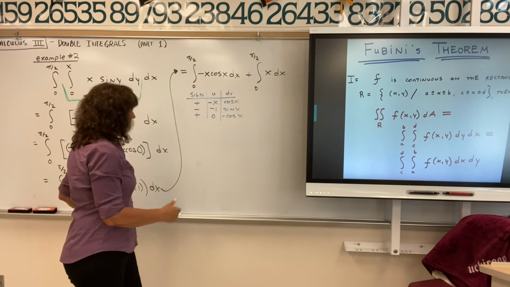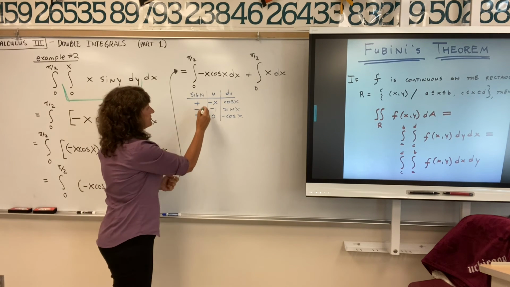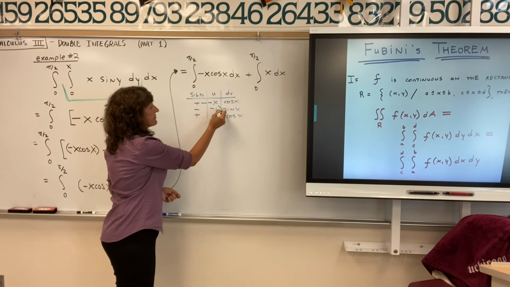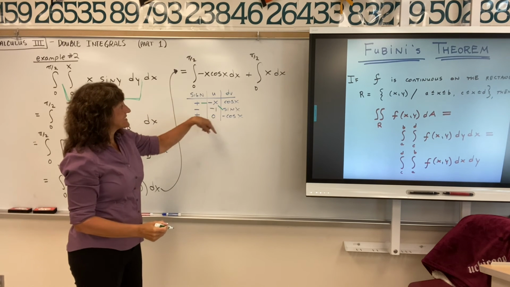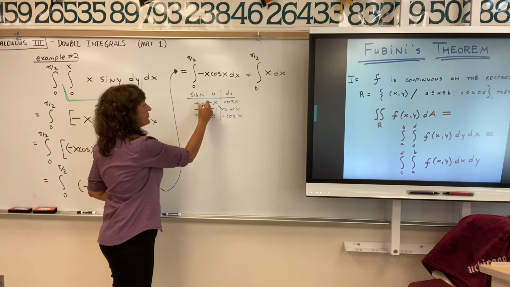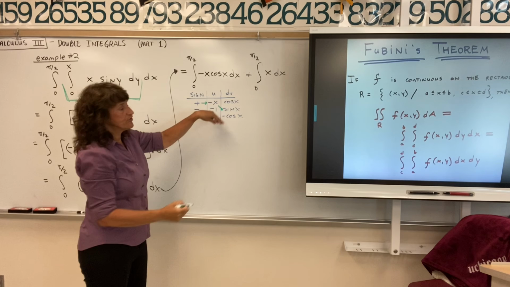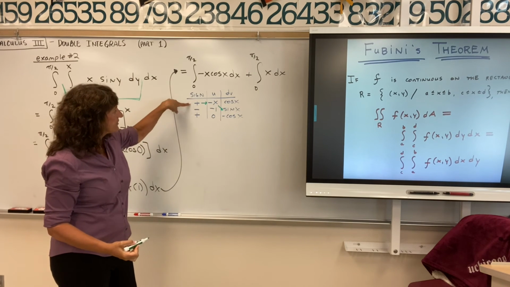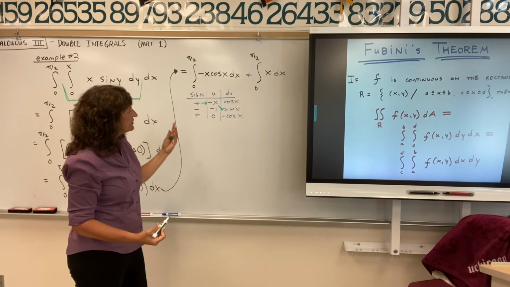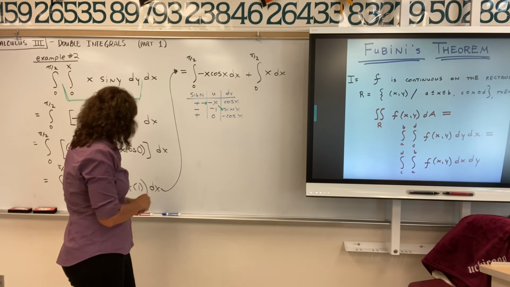So when you read your chart, this is a shortcut, your first term is going to be x sine x. This is how you read it. You go this way and you put these two terms together and you multiply. So positive sign times x times sine x. So x sine x will be your first term.